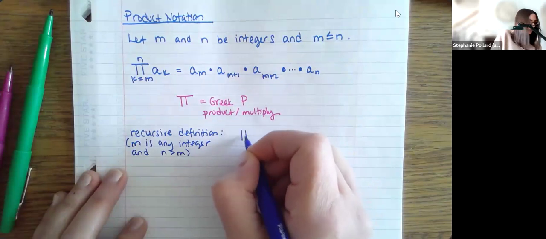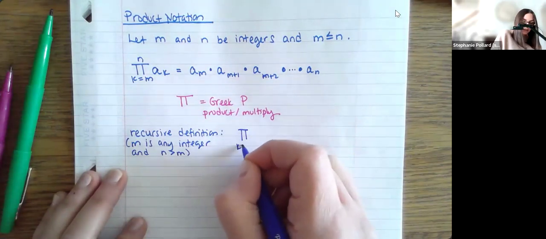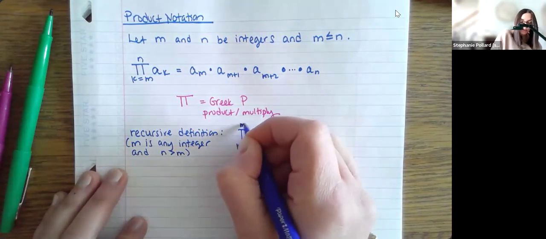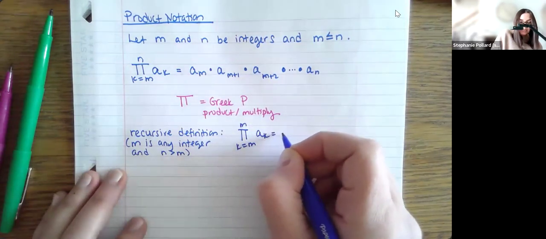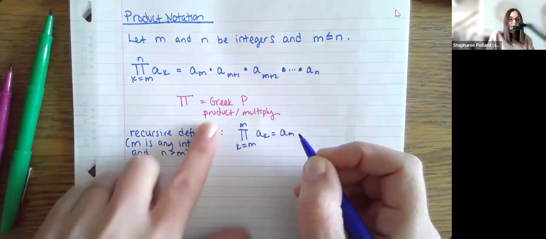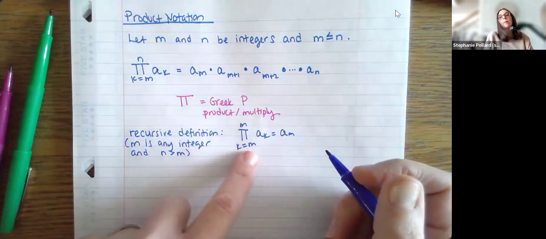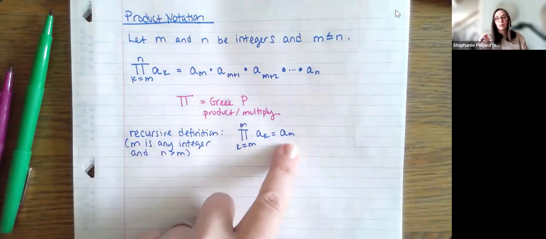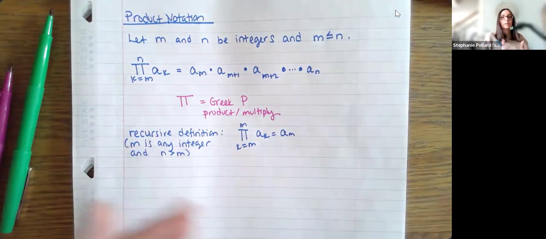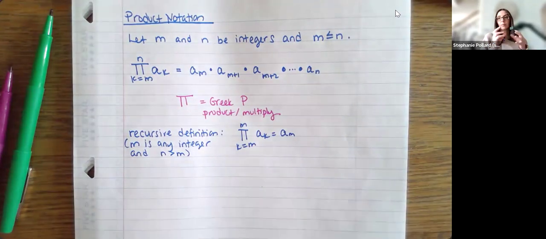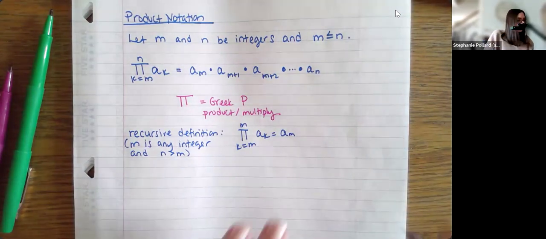So the product going from k equals m to m alone is just a sub m. Just a reminder that if you have m to m of something, it's just a single term. So in this case, it's the first term, for instance, but any single term you can write this way.